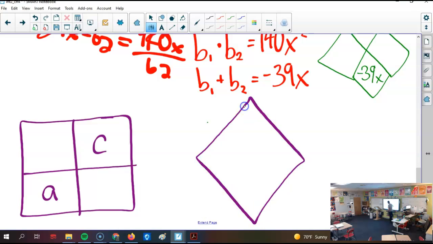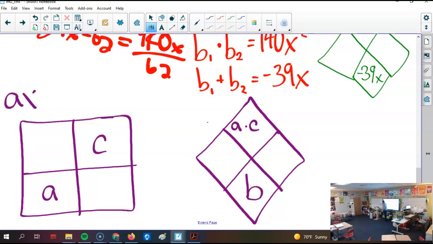And in the diamond, we're going to have A times C in the top part, whatever we call that, and B. What I would also write down is a reminder of ax squared plus bx plus c.